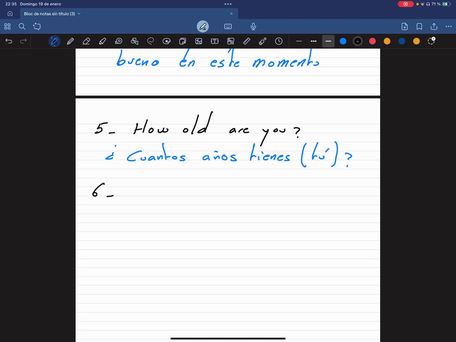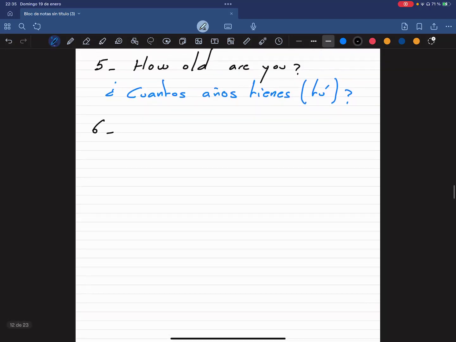Number 6. Let's change. Let's ask the same, but now about a different person. How old are your parents? So again, ¿cuántos años?